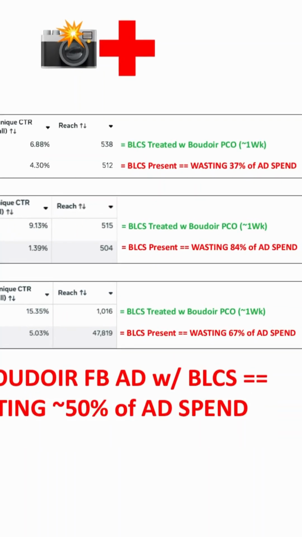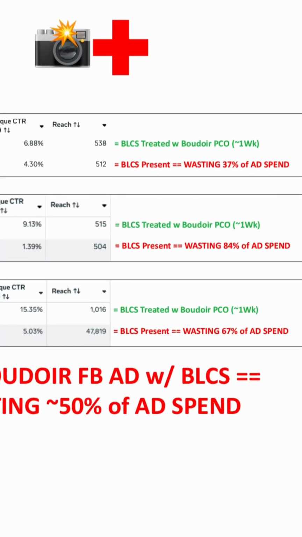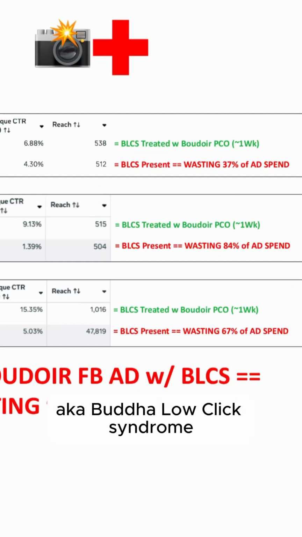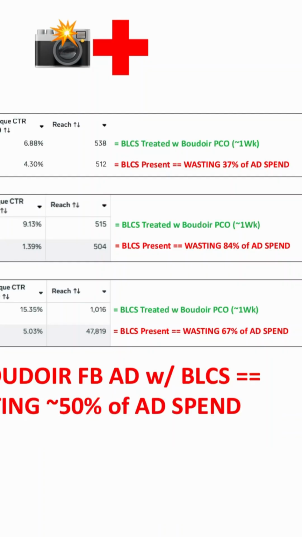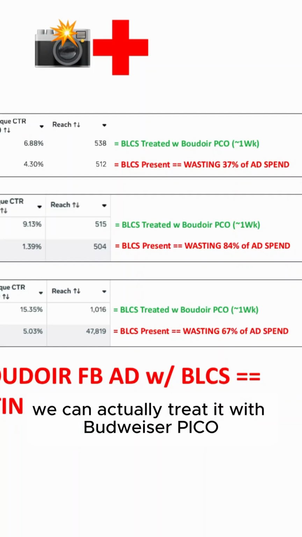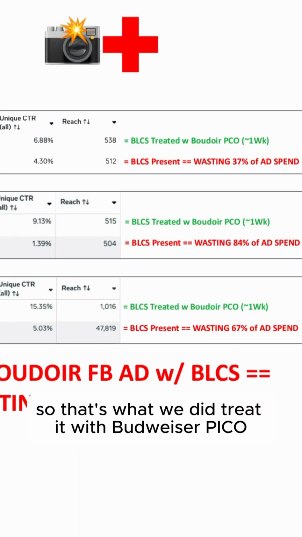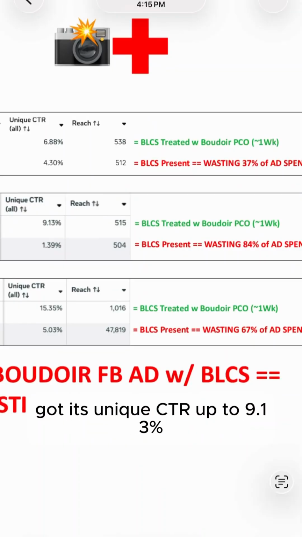And since it's under 6%, we know that BLCS is present, aka Boudoir low click syndrome, and as a result, we can treat it with Boudoir Pico. So that's what we did. Treated with Boudoir Pico, got its unique CTR up to 9.13%.